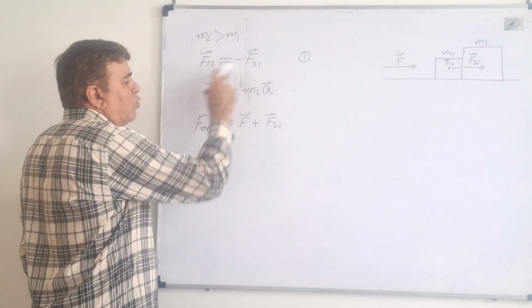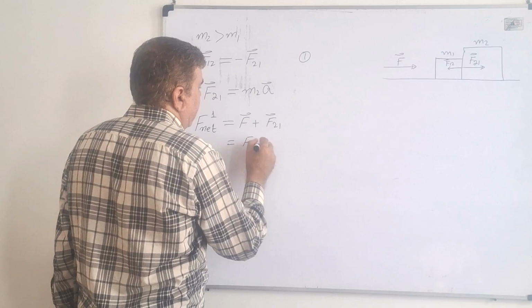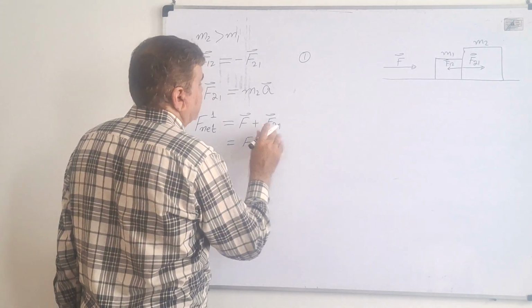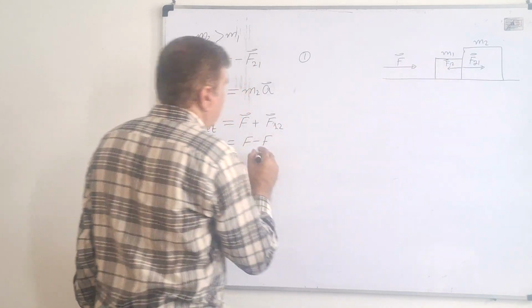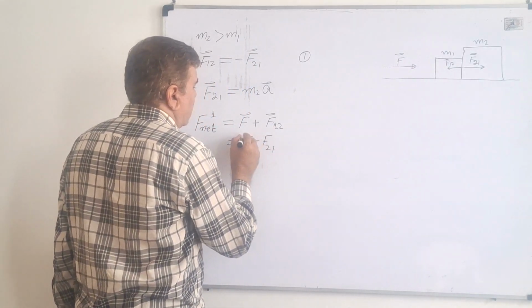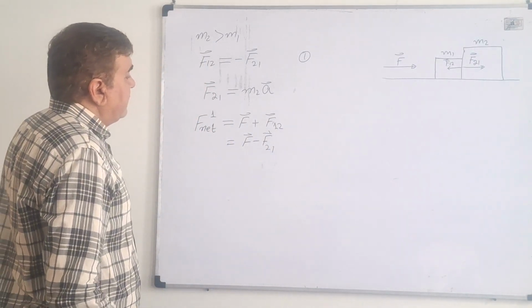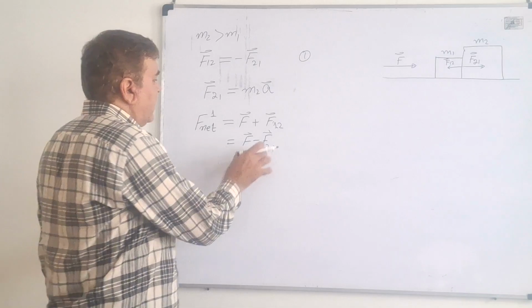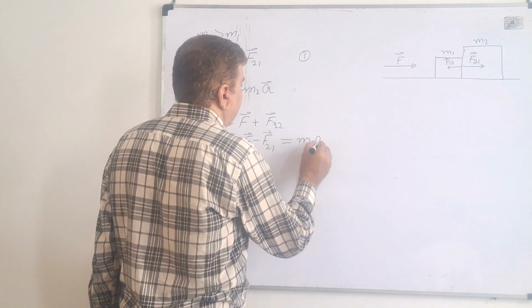And using equation 1, I can write this as F minus, or this is not F21, this is F12. Reaction force is F12. So I write this as F21. And according to Newton's second law, this force must be equal to m1 times a.